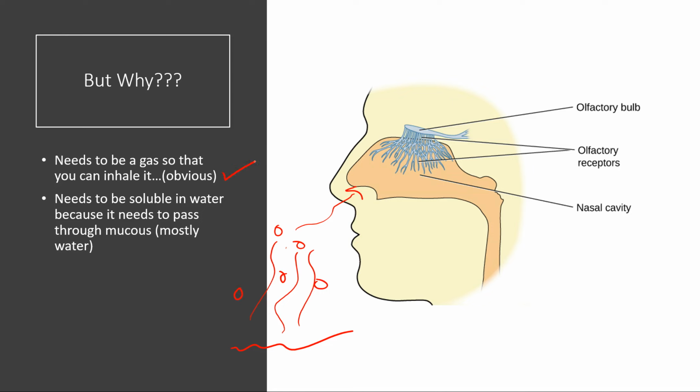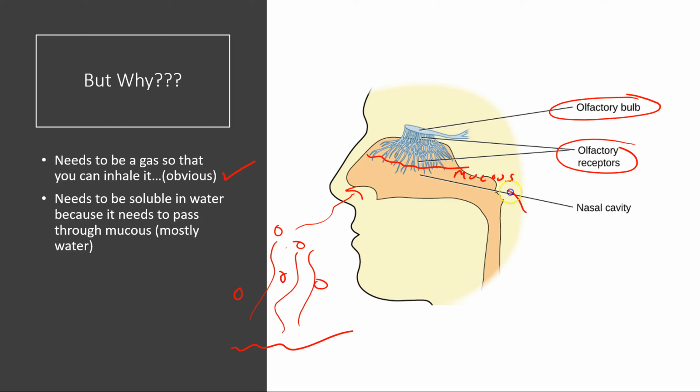Now, why exactly does it need to be soluble in water for us to have a detectable aroma? So what happens, when we take a certain gas in through our nasal cavity, we have receptors, called olfactory receptors in an olfactory bulb, that can then send signals to our brain to interpret. Right? But these are covered, essentially, by a barrier of mucus.